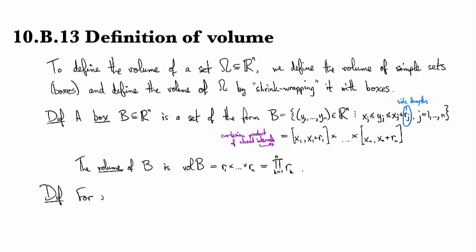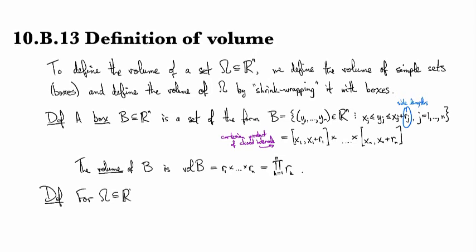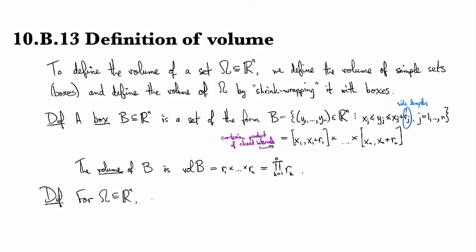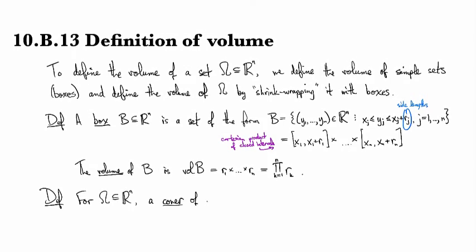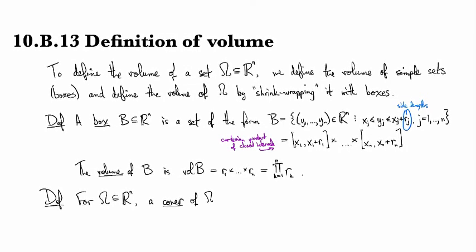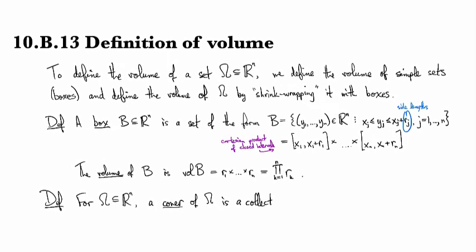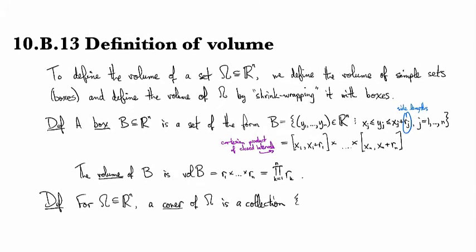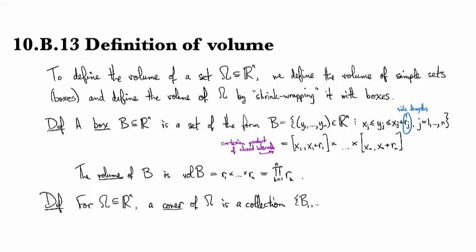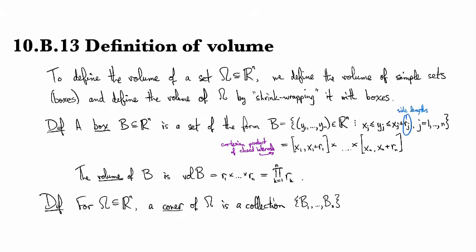For omega, our general set in Rn, we say a cover of omega is a collection of boxes whose union contains omega.